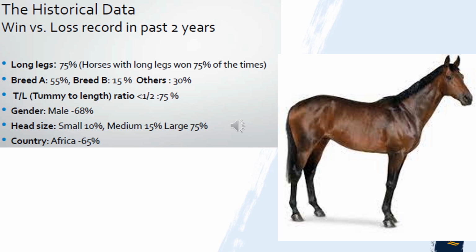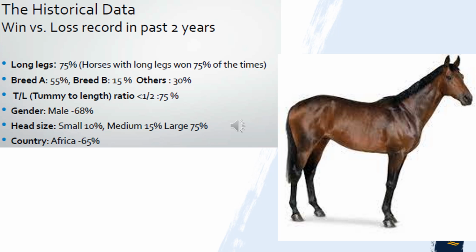Horses with long legs have won 75% of the time. This tells us that leg length is a strong predictor of success. Breed. Breed A horses have a 55% success rate, while breed B horses have only a 15% success rate. The rest fall into the others category with a 30% chance of winning.